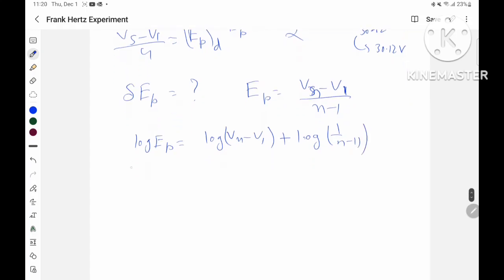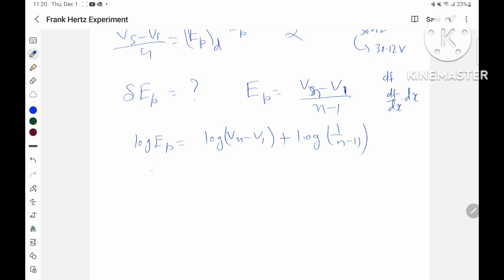After that you can take differentiation on both sides. So if you want to find say df, you find df by dx and multiply it by dx. The same thing we are going to do. We will find del f by del EP and multiply it by delta EP.